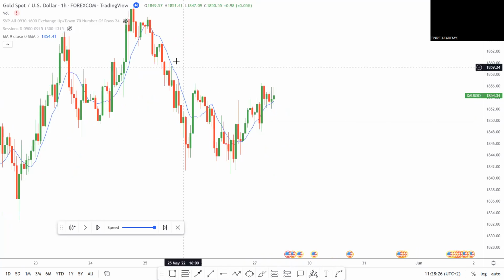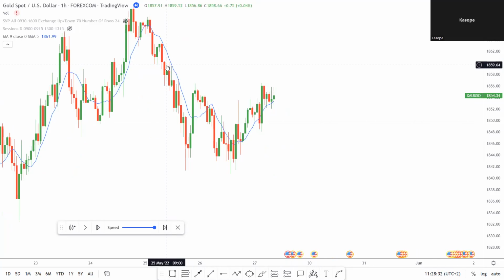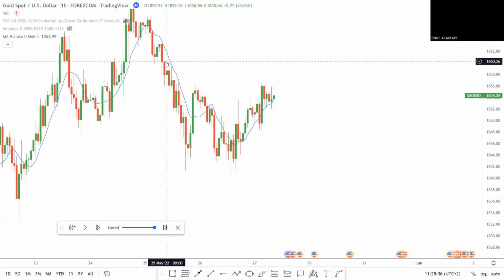So let's say this point right here where I'm at, 1860, where the moving average is, this is an average of the close price of these last 9 candles.